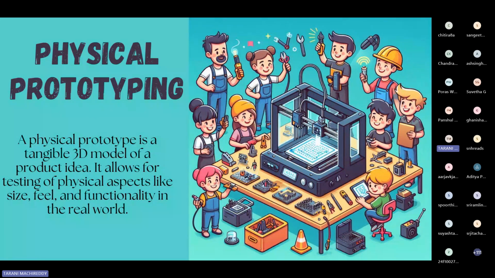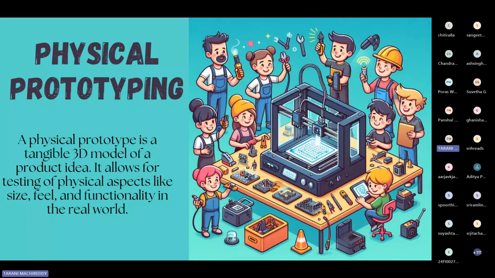And how are these physical prototypes made? We can start with sketches or drawings, or making 3D models of these physical prototypes with materials like cardboard, paper, etc. And we can also do 3D printing.